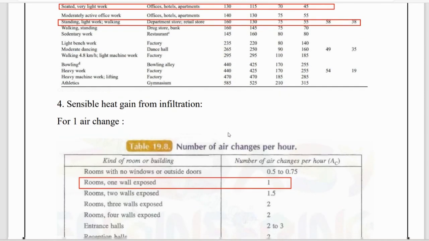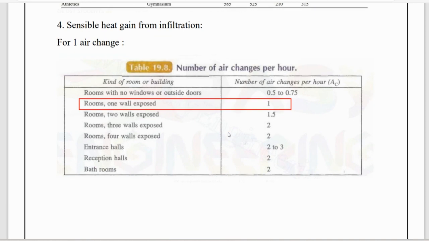Moving towards the next point, which is sensible heat gain from infiltration. First of all, we have to know what infiltration is. Infiltration is the unwanted or extra air coming from the outside into the room.